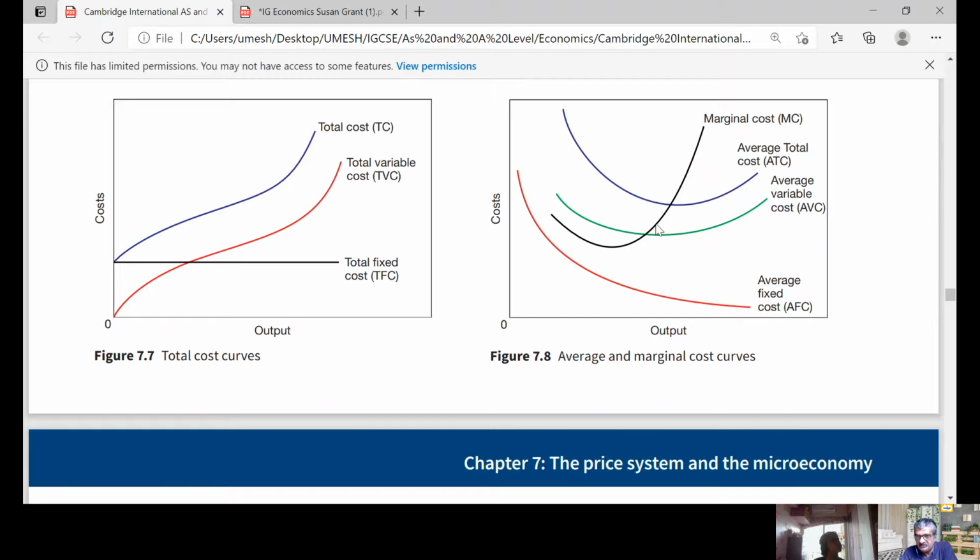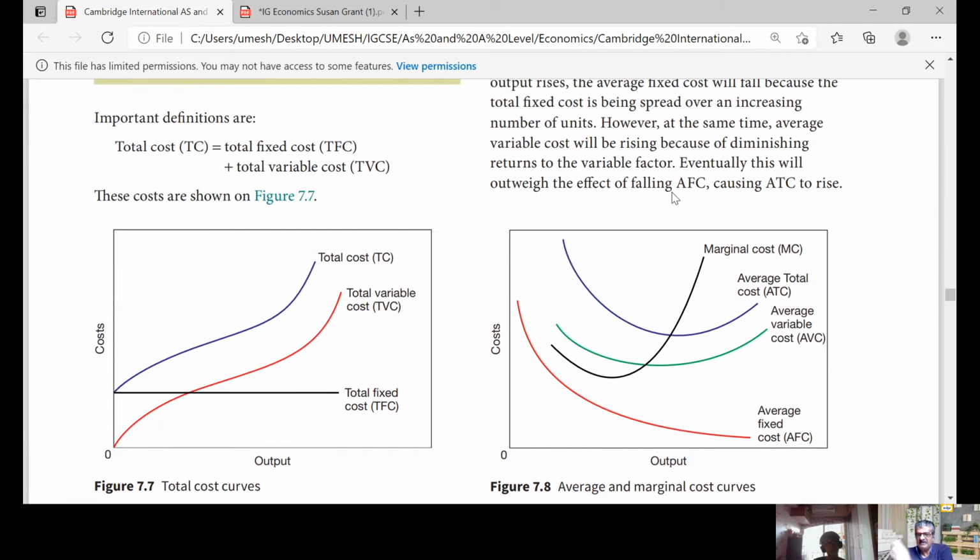Average variable cost will be a little U-shaped. Average total cost, ATC, will also be U-shaped, and marginal cost will be below this and will be cutting average total cost at the optimum level that we have seen earlier.